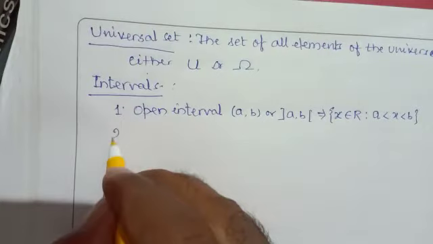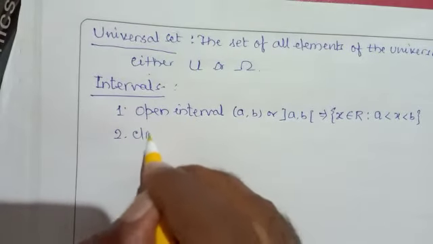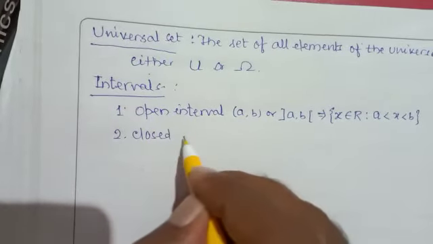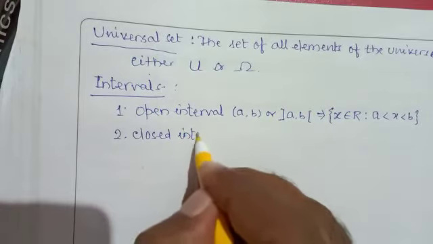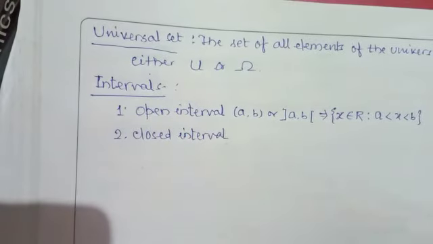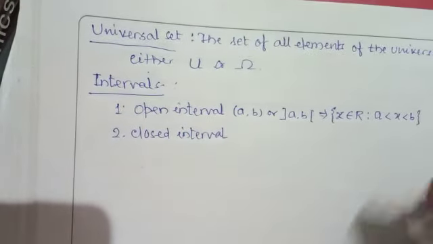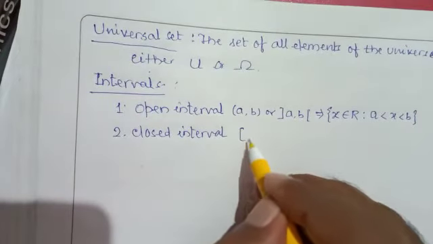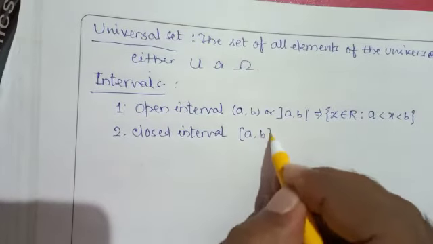The next one is closed interval. Closed interval is represented by the symbol [A, B].